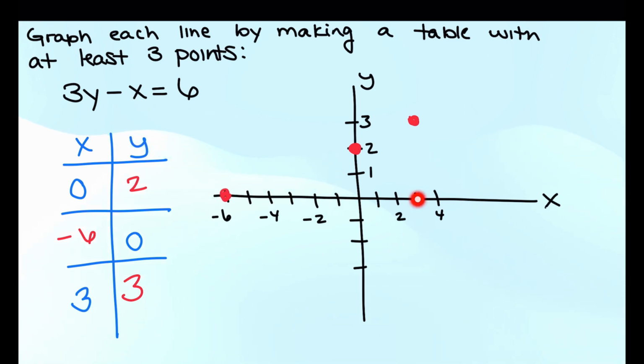And then finally, x is 3, so over 3, up 3. And these points do appear to lie in a straight line, so to finish, I'm going to connect the dots. This line is the graph of 3y minus x equals 6. Again, every single point that lies on this line is another solution to this equation.